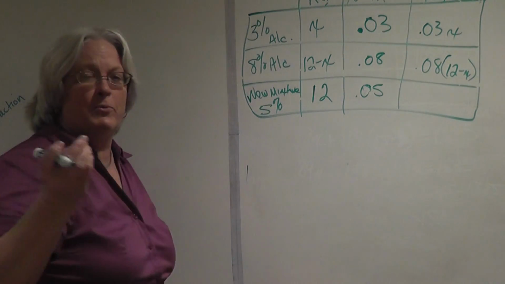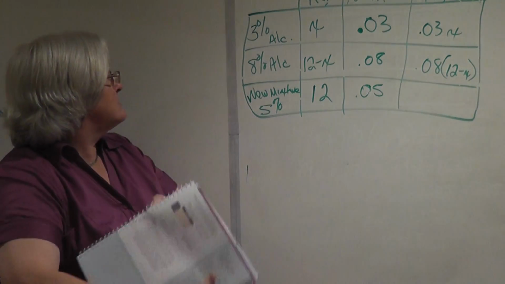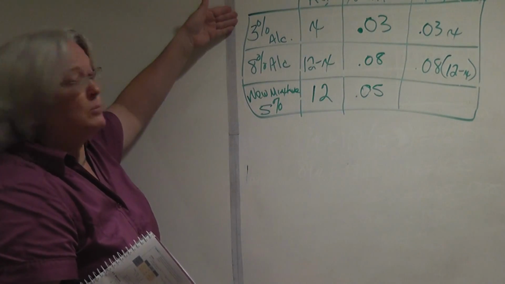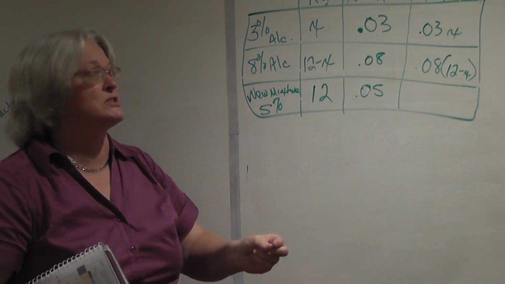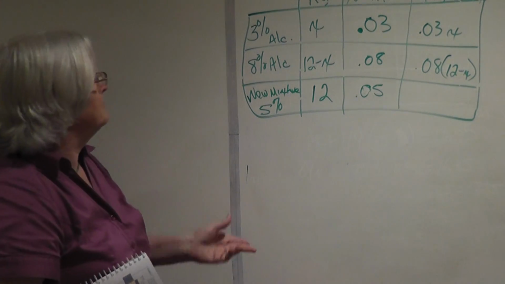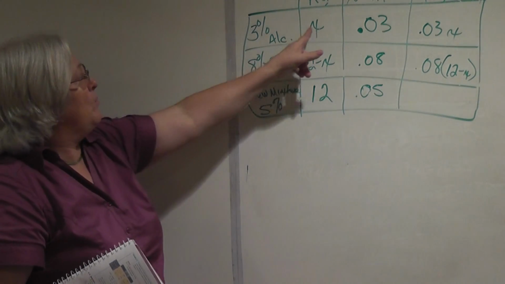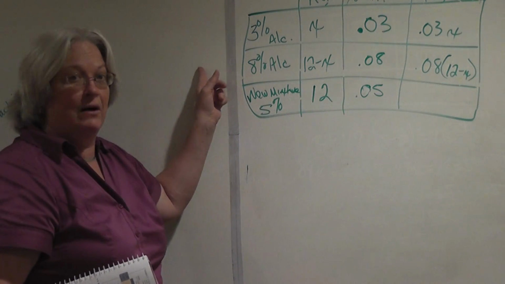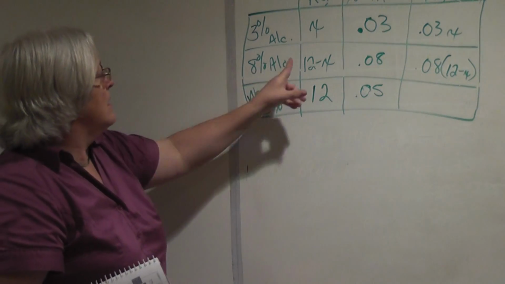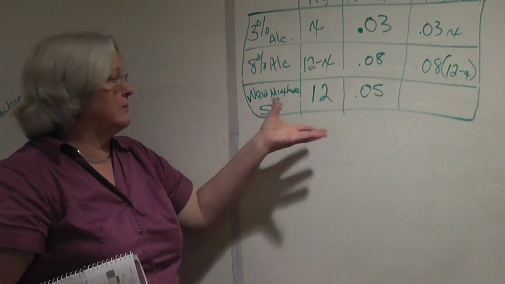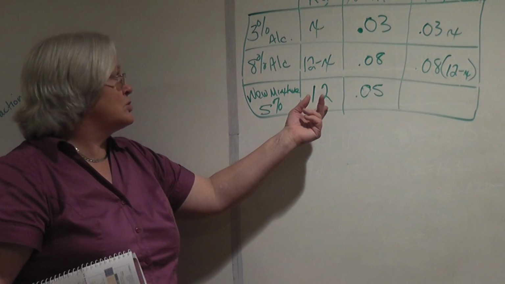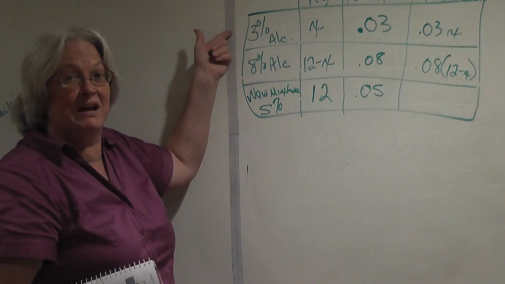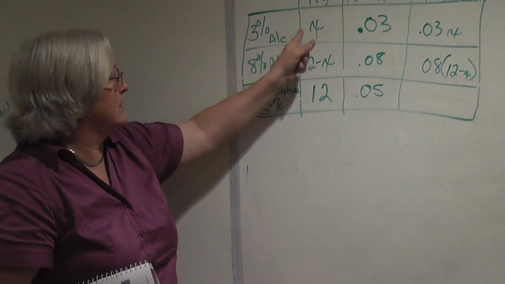Because we're saying, for the purposes of this problem, let's define our x variable to be the number of kilograms of the 3% alcohol solution that we're using. When we define it that way, the number of kilograms that we have of the 8% alcohol solution has to be our total number of kilograms of the new solution, which is 12, minus the amount of the 3% alcohol solution we have, which is x.